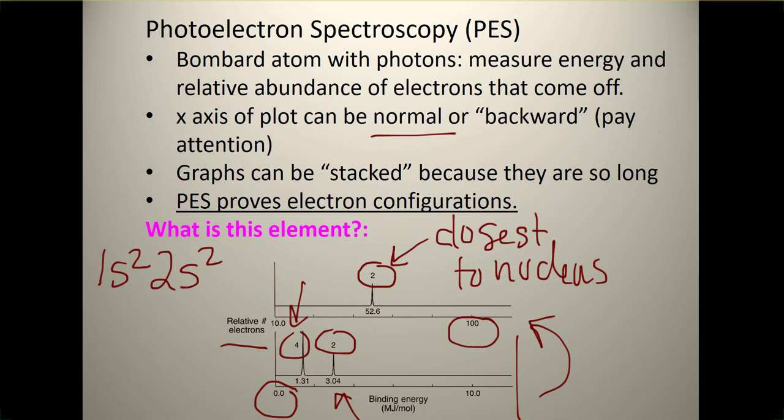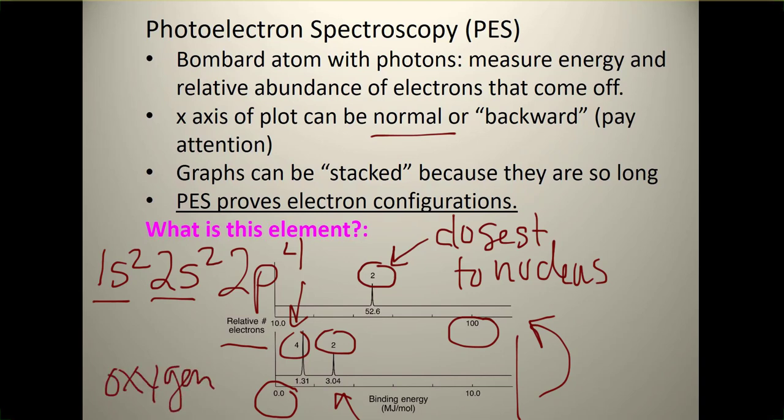So in the electron configuration, it goes 1s2, 2s2, 2p, and I have 4 of them from the graph. So what is this element? It has a 1s2, 2s2, 2p4 electron configuration. So this would be oxygen.